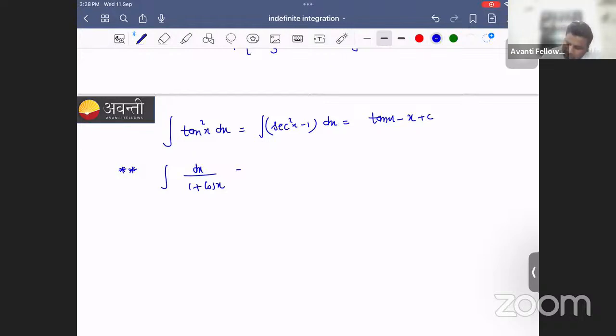So this dx upon 1 plus cos x, 1 plus cos x will be 2 cos square x by 2.